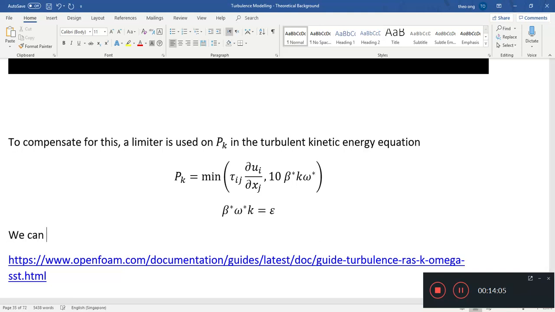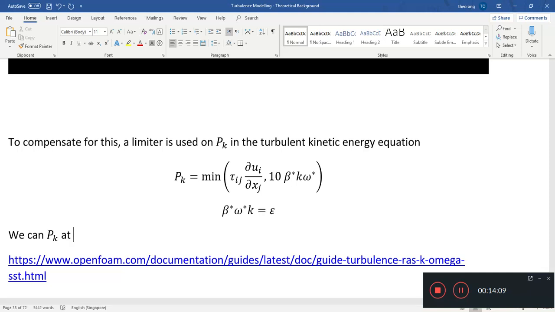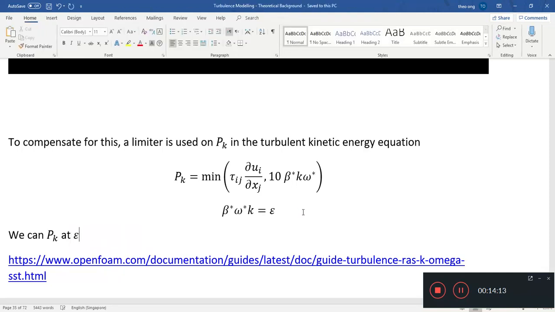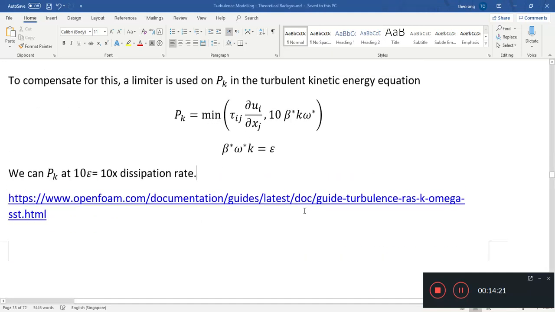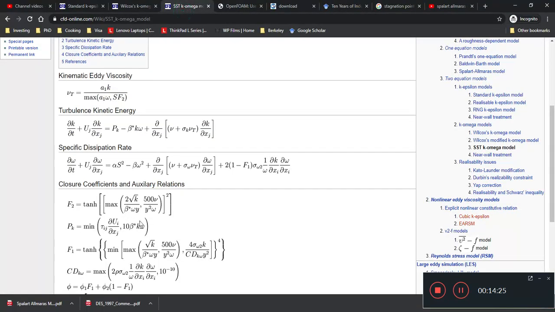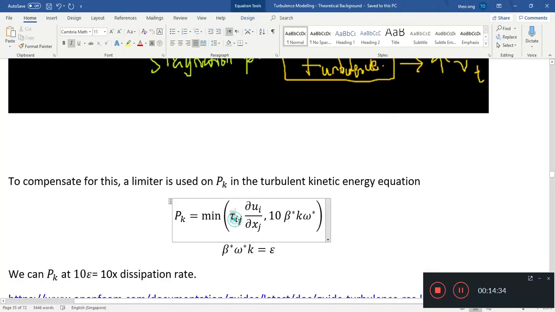We cap production of k at epsilon, or 10 epsilon, which is 10 times the dissipation rate. That's basically where we get this term from.